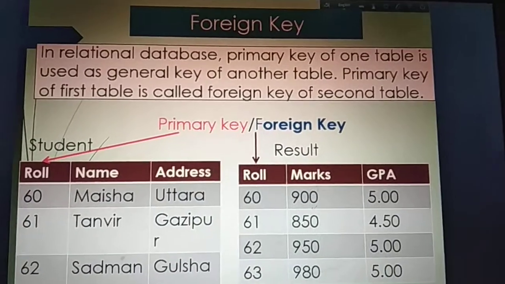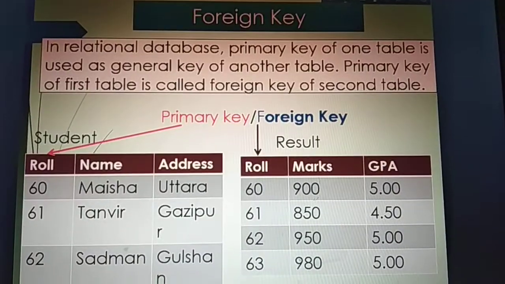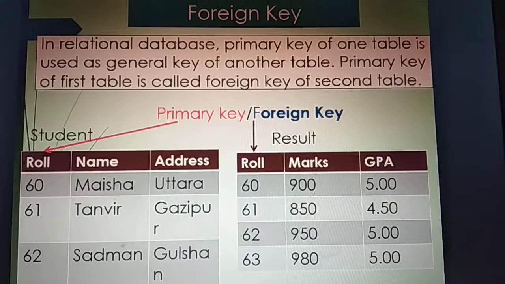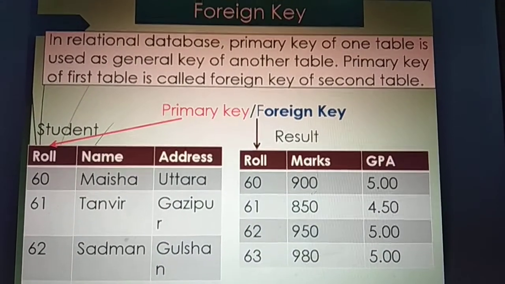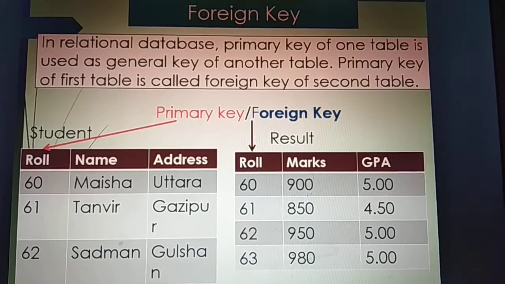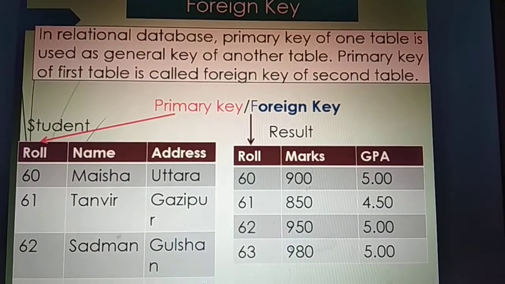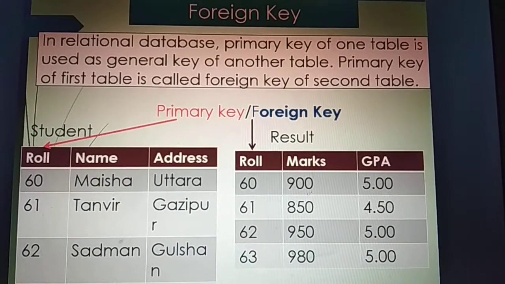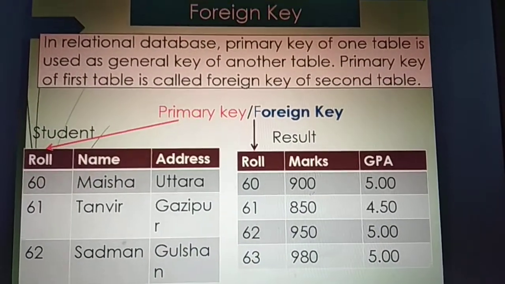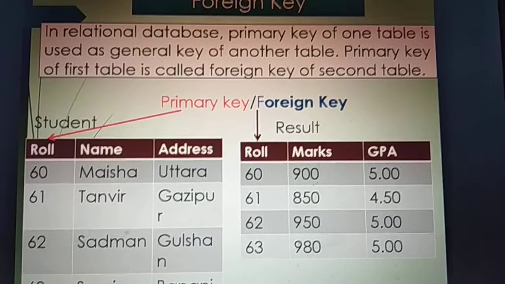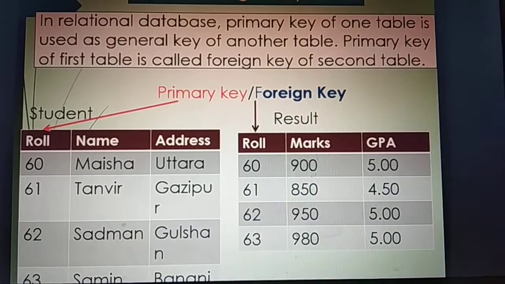Then the foreign key. In a relational database, the primary key of one table is used as a key in another table. The primary key of the first table is called the foreign key of the second table. That means to explain the foreign key concept, you must have two tables.